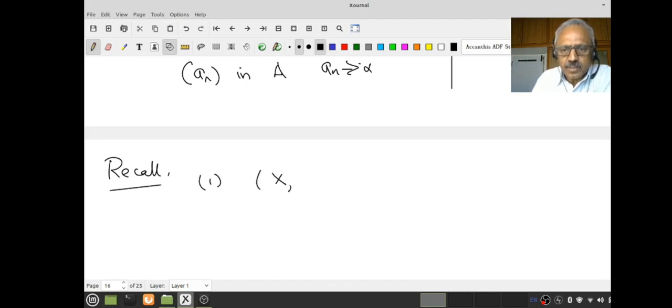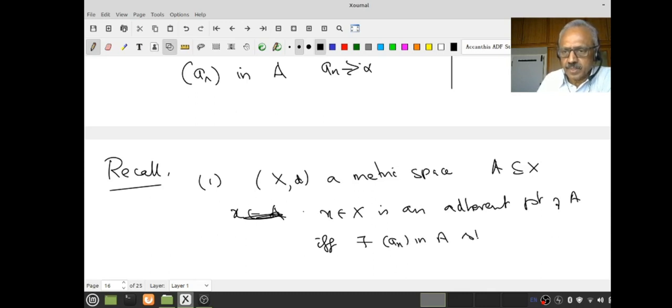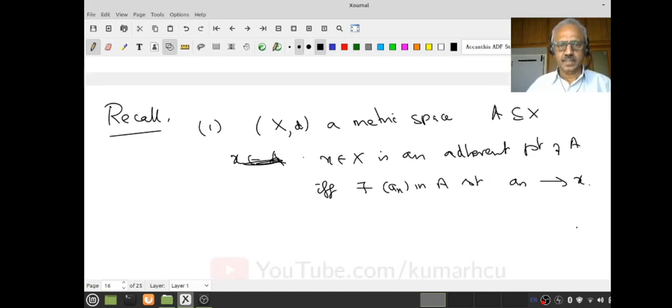Suppose (X, d) is a metric space, and x in X, A is a non-empty subset of X. Then x is an adherent point of A if and only if there is a sequence a_n in A so that a_n converges to x. Okay, in my topology course I had already done this. If you watch my videos on metric spaces also, I have proved this.